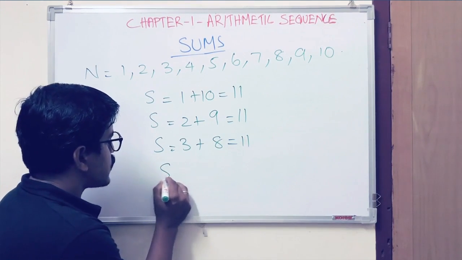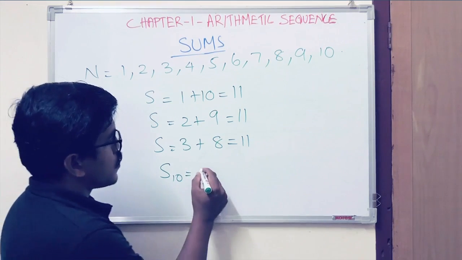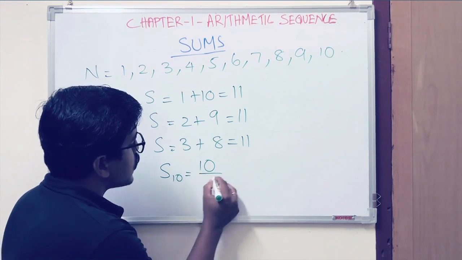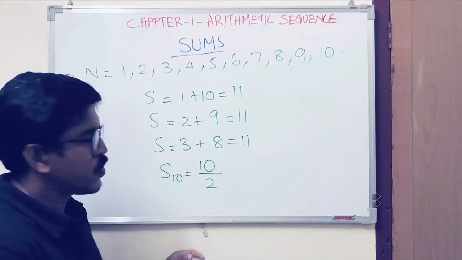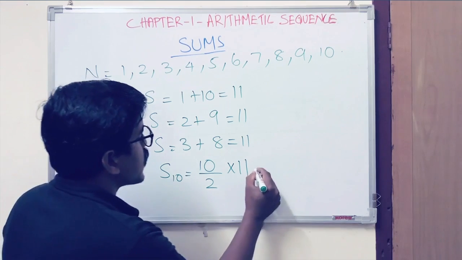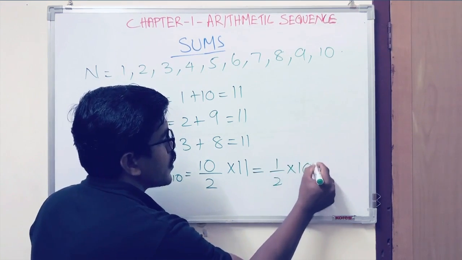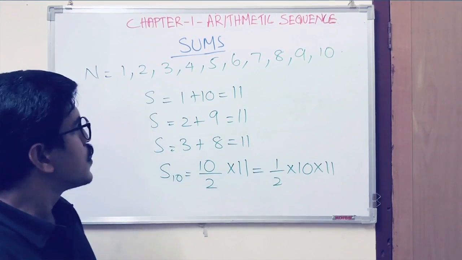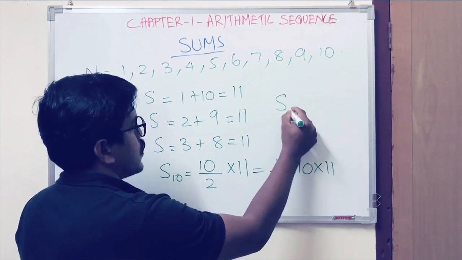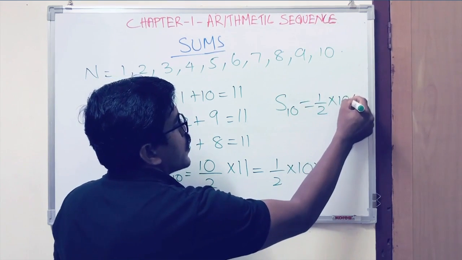That is, S10 is equal to 10 terms, so 10 by 2 into 11. We can rewrite this as 1 by 2 into 10 into 11. That is, S10 is equal to 1 by 2 into 10 into 11.